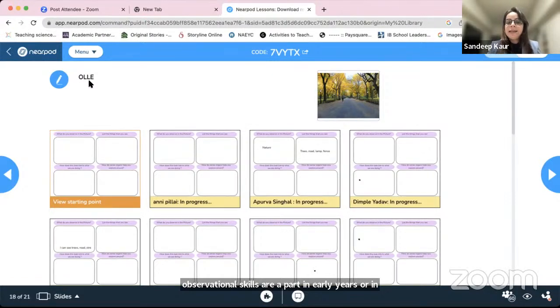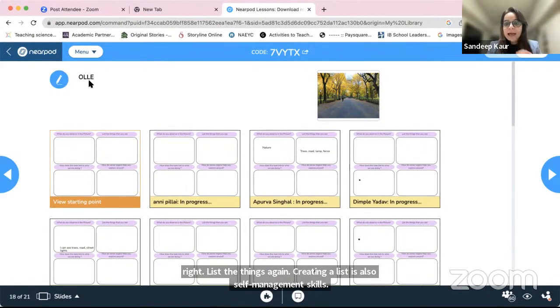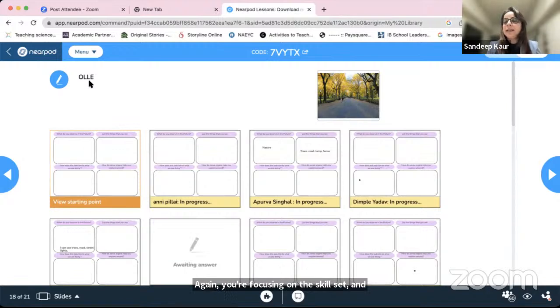All right. List the things. Again, creating a list is also a self-management skill. Again, you're focusing on the skill set. And then how does it link to your unit or to what we are already learning or doing? That is again encouraging students to think, building on their critical thinking, recall, all those things.